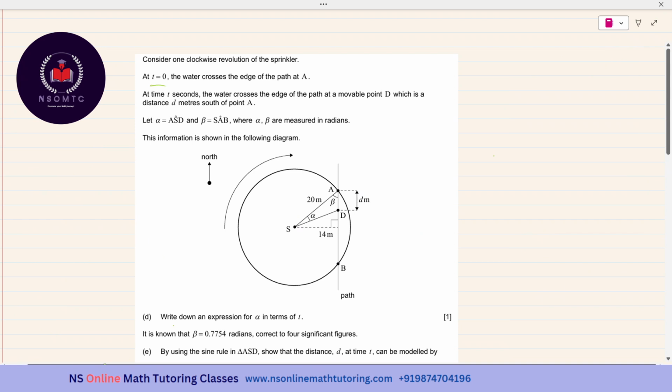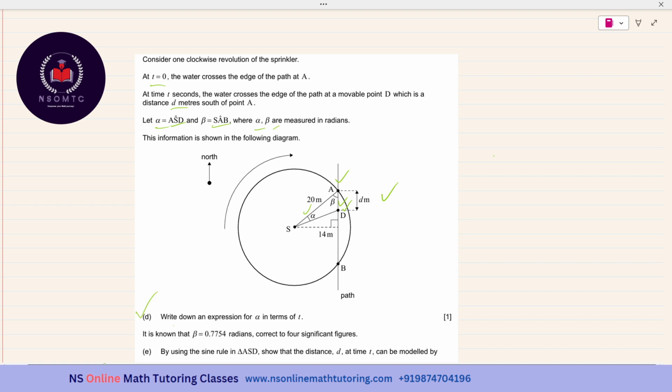At t equal to 0, the water crosses the edge of the path at E. At time t seconds, the water crosses the edge of the path at a movable point D, which is a distance d meters south of the point E. Let alpha be angle EST and beta be angle SAD, and alpha and beta are measured in radians. This information is shown in the following diagram.